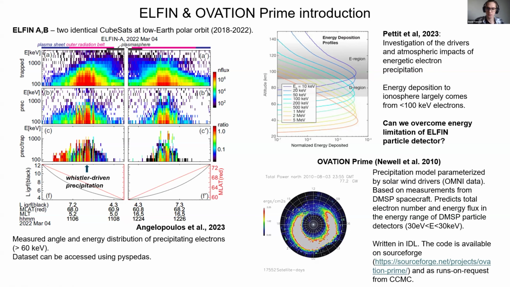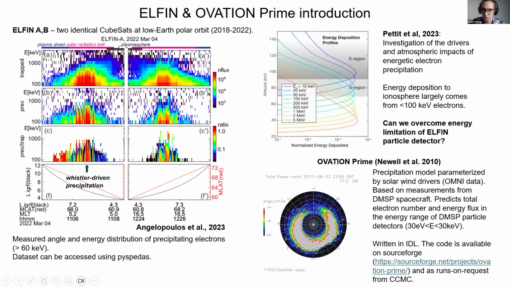So the question arises whether we can overcome this energy limitation of Elfin particle detectors. Our suggestion is that yes, we can, using models. So here we try to use the Salvation Prime model. It's a statistical model based on DMSP spacecraft data.